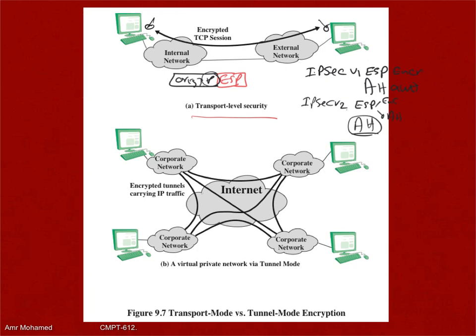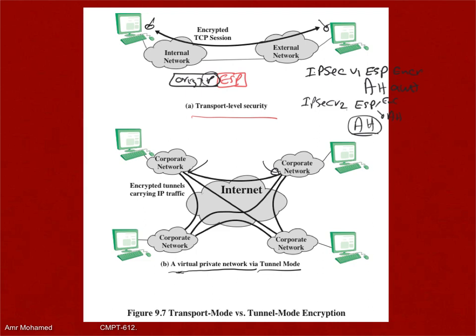Now, what they call here a virtual private network: VPNs, between a host and a network, or a network and a network, use the tunnel mode. For the tunnel mode, you have the IP of the router at the beginning and the end of the tunnel.